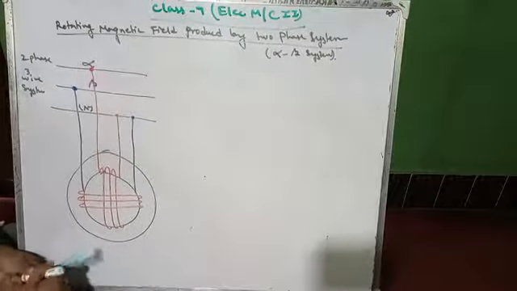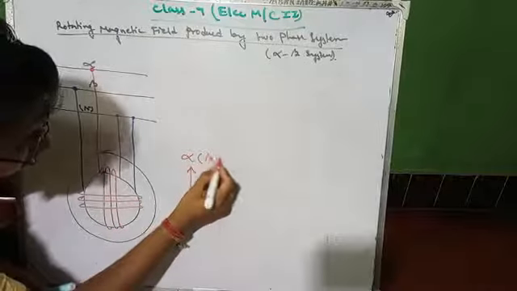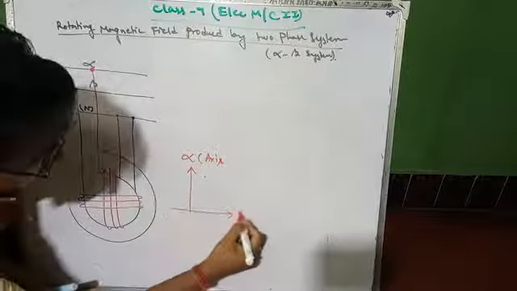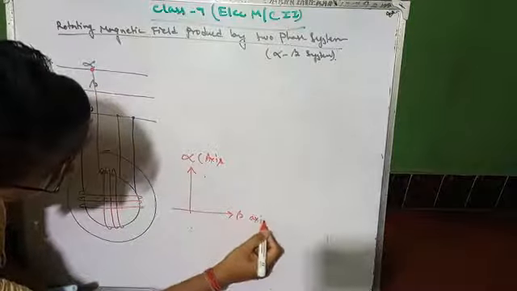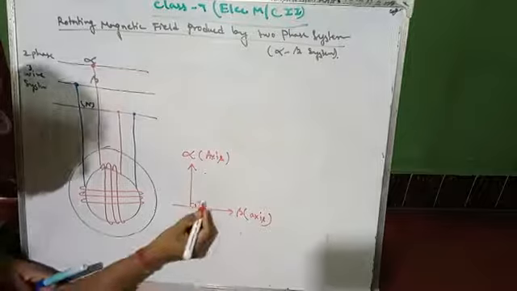So this is your alpha axis, this is your beta axis. They are at right angles to each other.